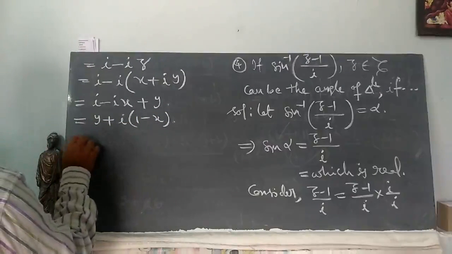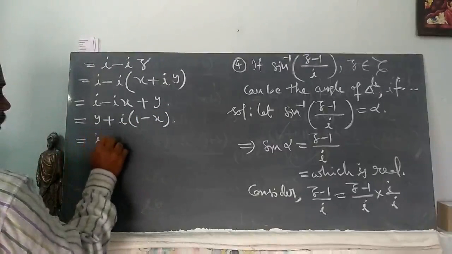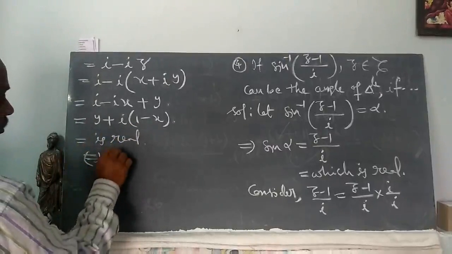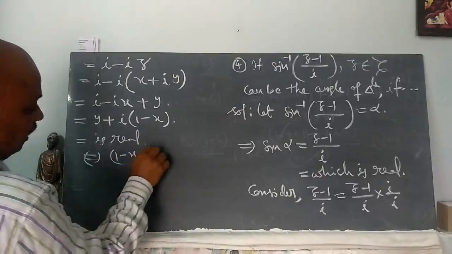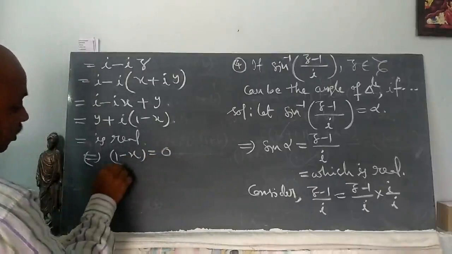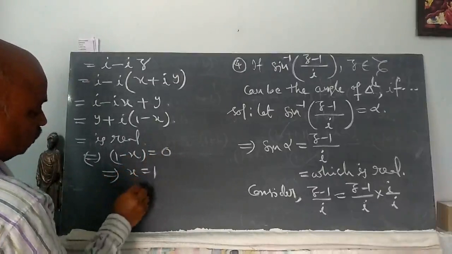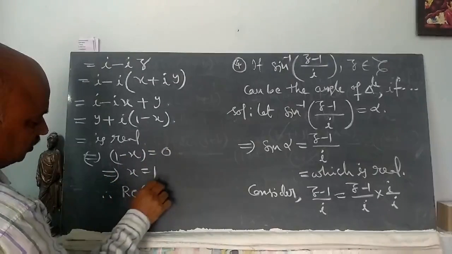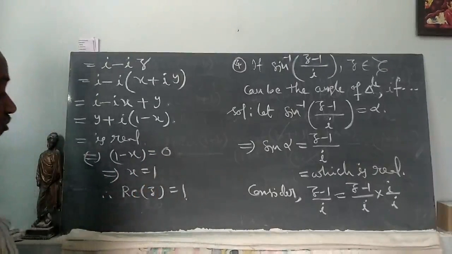Since it is real, this implies 1 minus x is equal to 0. This implies x is equal to 1. Therefore, real part of z is equal to 1.